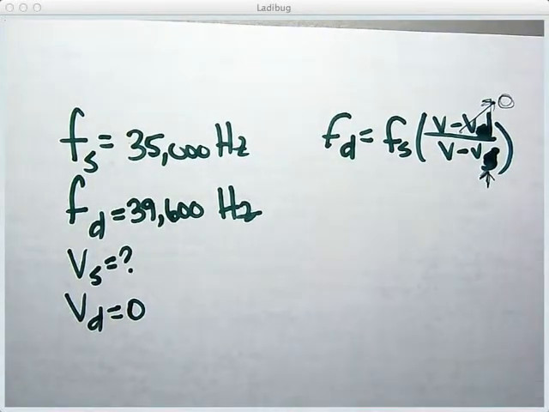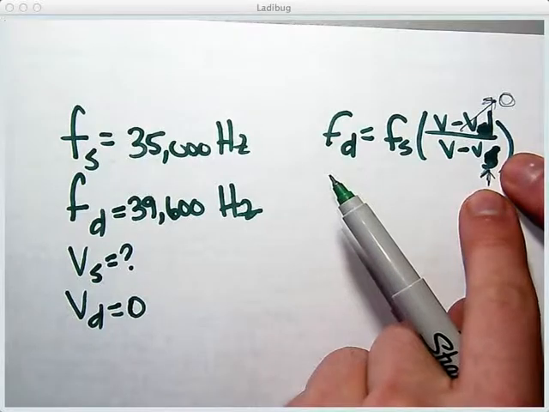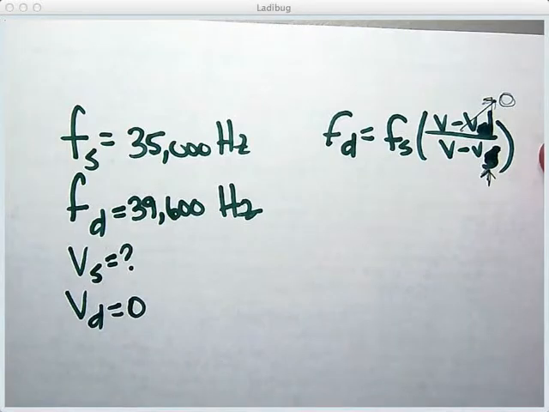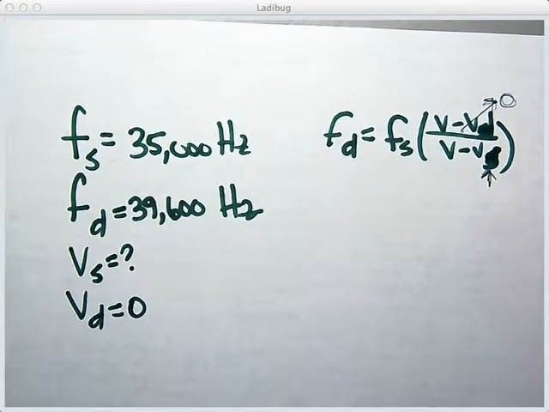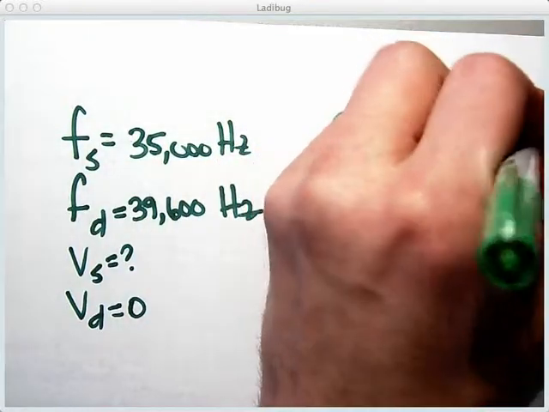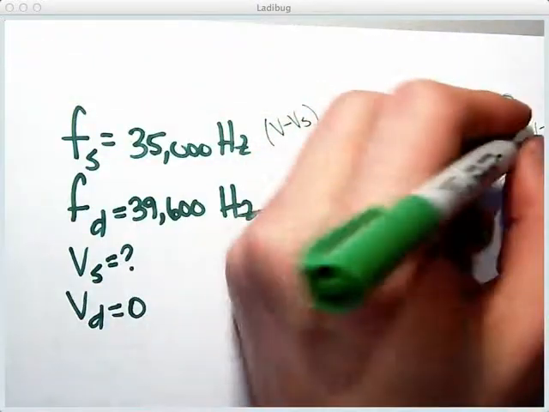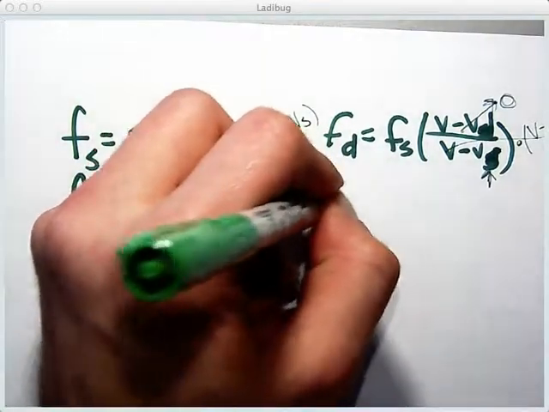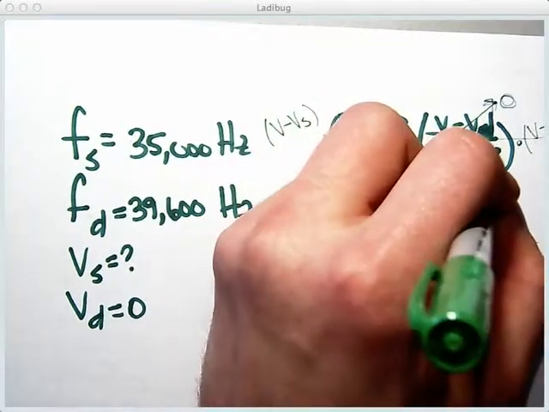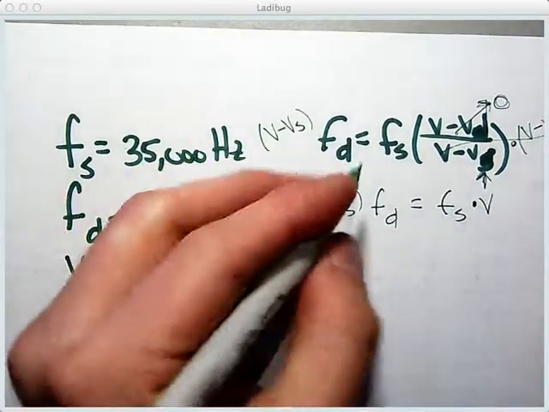So I'm looking here for VS. That's going to be kind of a pain to solve for. To me, the easiest way to do this is to multiply both sides by V minus VS. So I get V minus VS times FD equals FS times V. I'm solving for VS, so I'm going to divide by FD now.